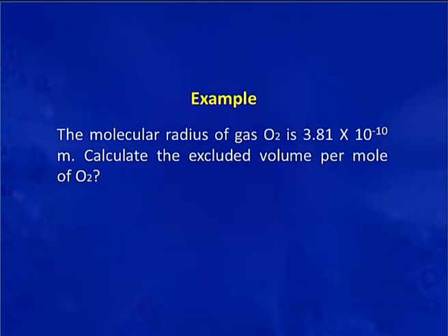Now, I have an example here. The molecular radius of oxygen gas is 3.81 into 10 to the power minus 10 meter. The question is, calculate the excluded volume per mole of oxygen.